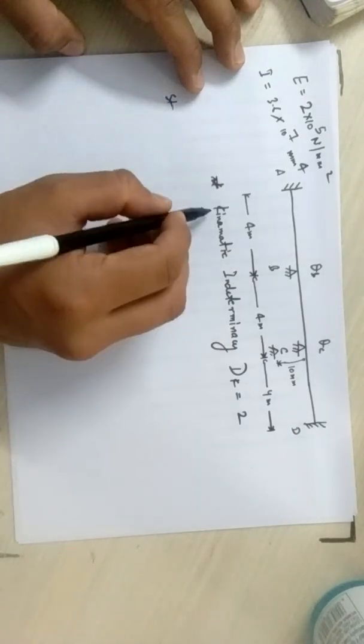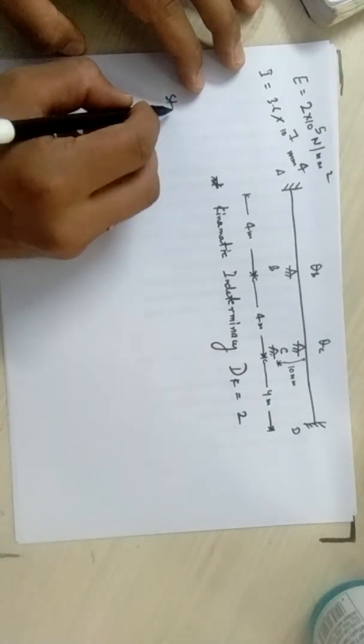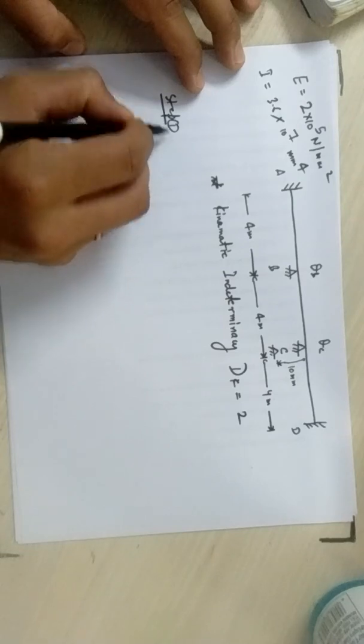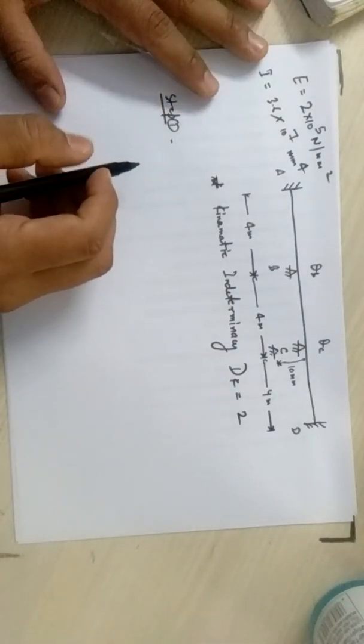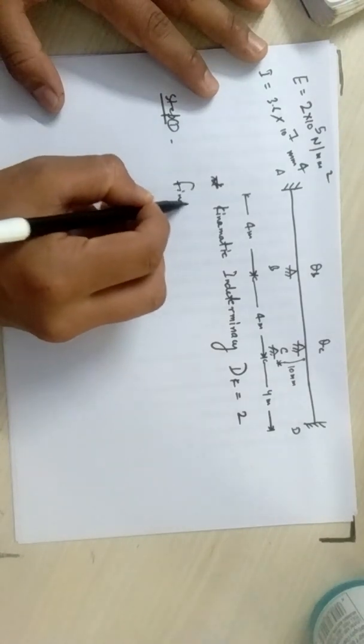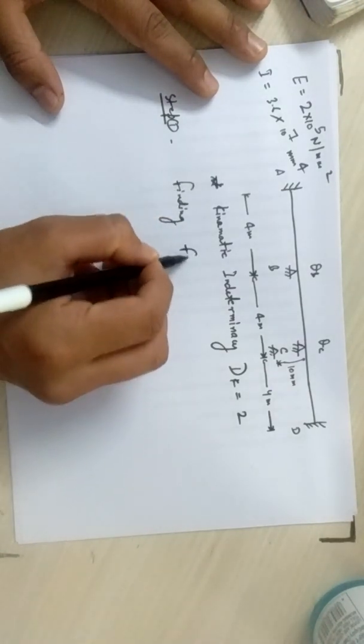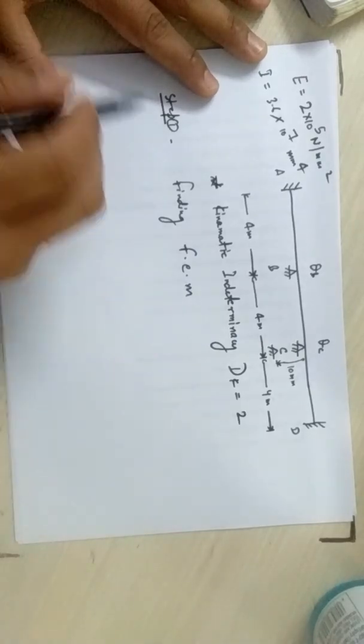The first thing is to calculate the dk. Then our step 1 will be finding fixed end moment.